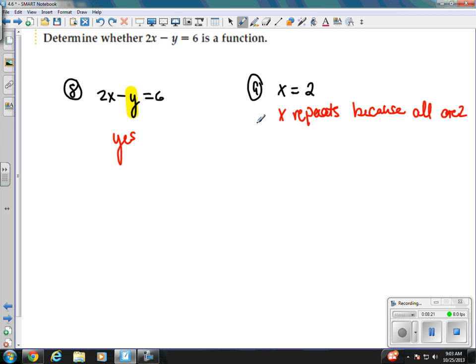So if all your x values are 2, that means it's no, because x is your domain and the domain repeats. So if it uses the variable y, it's automatically yes, it's a function. If it doesn't use the variable y, it's no. If all we're given is x, it's no.